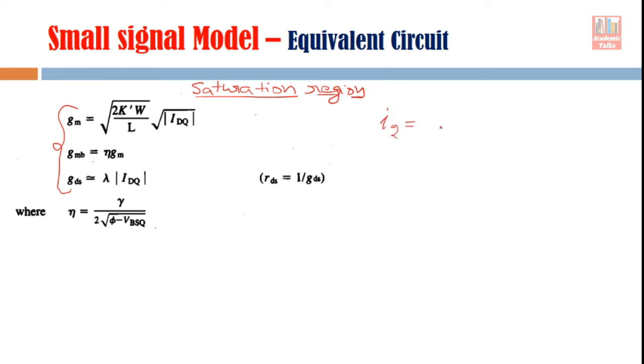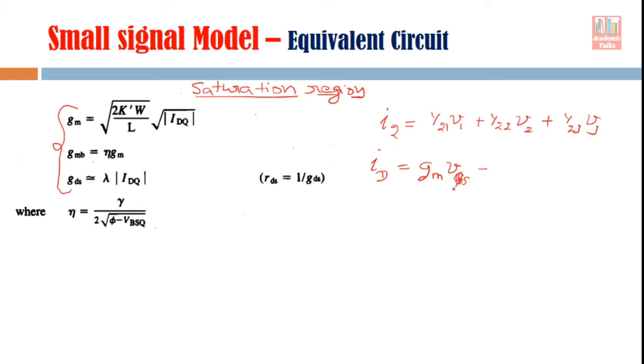You remember that equation was written like this: I2 is equal to Y21 V1, Y22 V2, Y23 V3, and I2 is your ID, the drain current. Y21 was your Gm, so it's Gm into V1. V1 was your VGS.